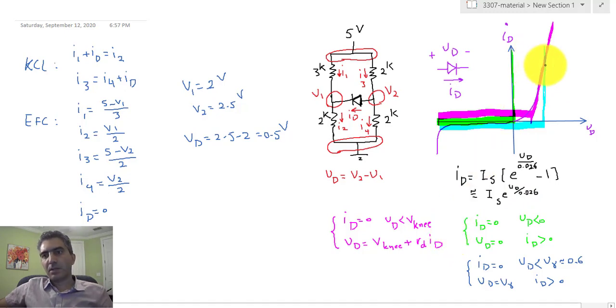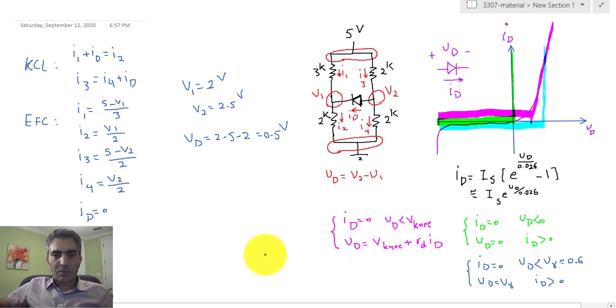Okay, it's the slope, so the slope is the same as the derivative of this function. The derivative of this equation is basically IS divided by 0.026 times e to the VD divided by 0.026. And 1 over that is RD for a specific value of VD that should be either estimated or given by the problem.